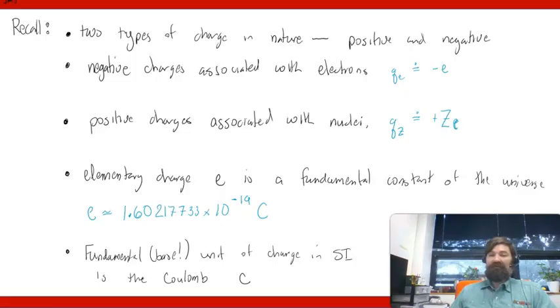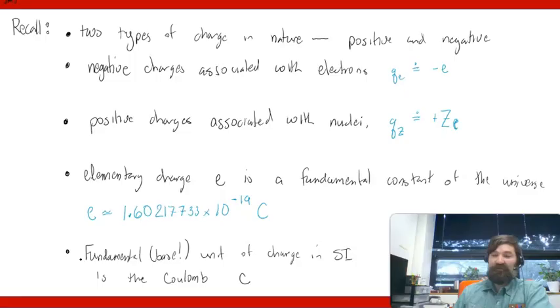All of these things have associated with them some rest mass and some amount of charge. Those are the commonly used particles that may or may not have a specified charge value.